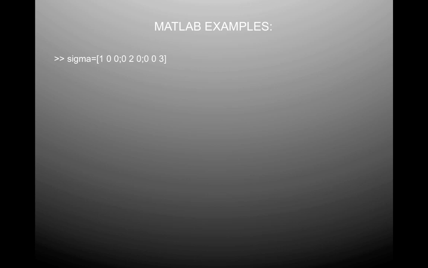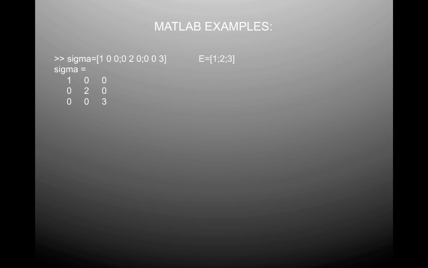I use semicolons to separate the rows, and I don't put a semicolon at the end of the line because I want MATLAB to print back to me what I thought I did. And MATLAB, when you hit return, would return sigma as a diagonal matrix with elements 1, 2, 3.